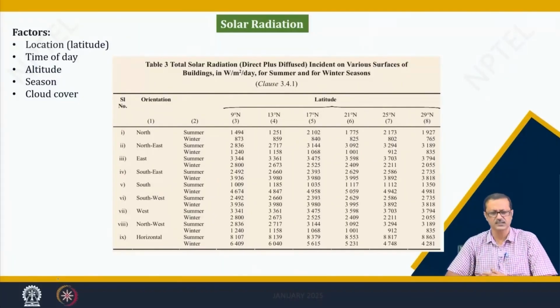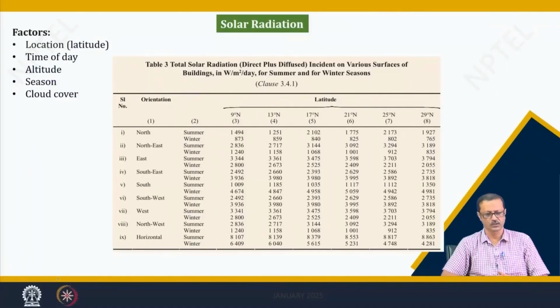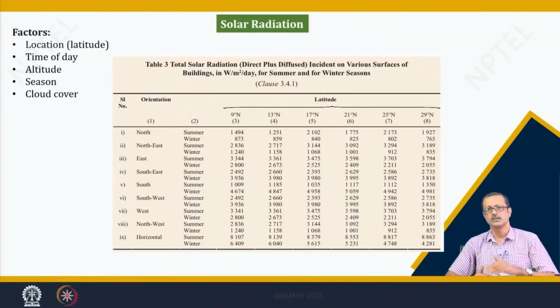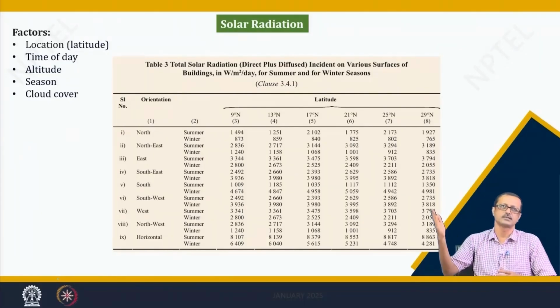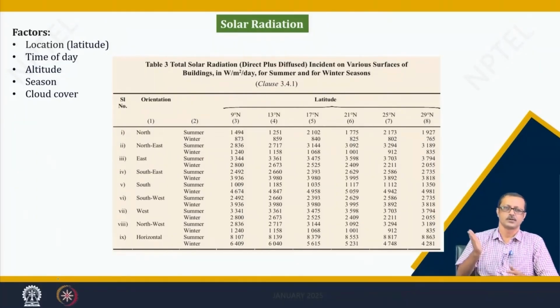So, what are the factors that give the variation in solar radiation in different parts of the globe? First of all, the latitude. If you go to a higher latitude zone, the sun's angle is not perfectly 90 degrees, and that is why the amount of radiation will be low.